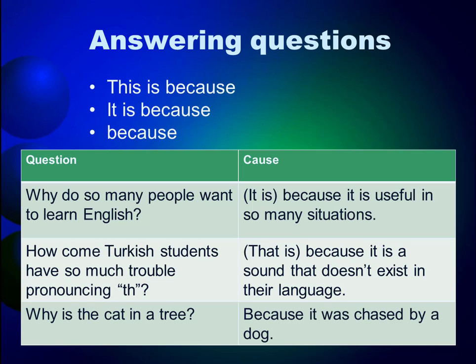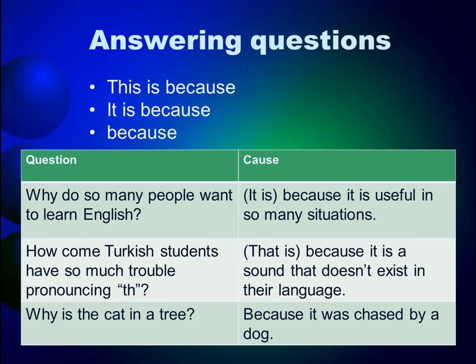When you answer questions, you can say this is because, it is because, or because. Why do so many people want to learn English? Well, it's because it's useful in so many situations. You could say, well, that's because it's useful in so many situations. Or you could say, because it's useful in so many situations. Either one of these three choices, feel free.